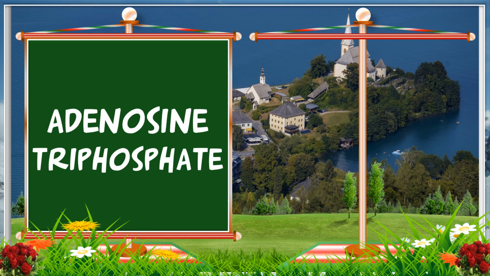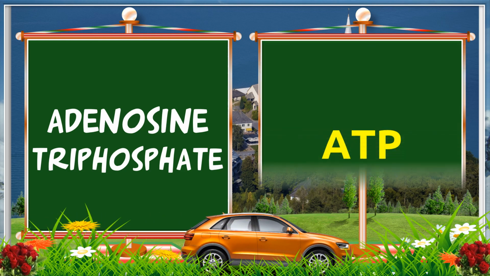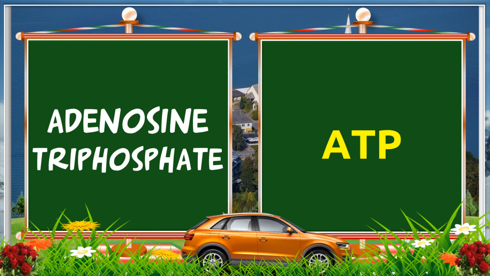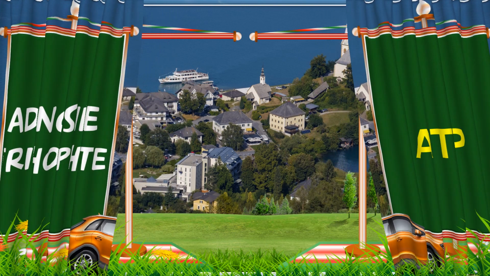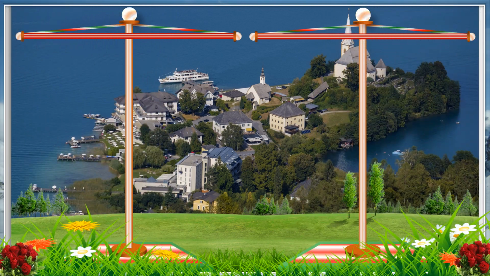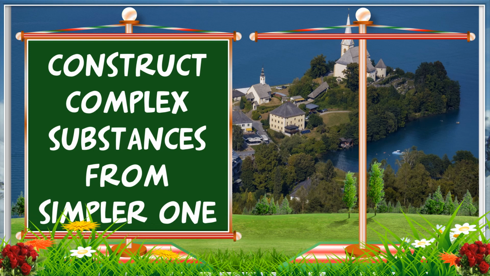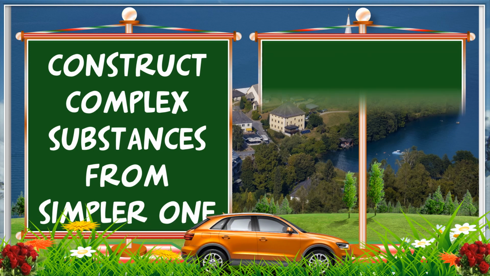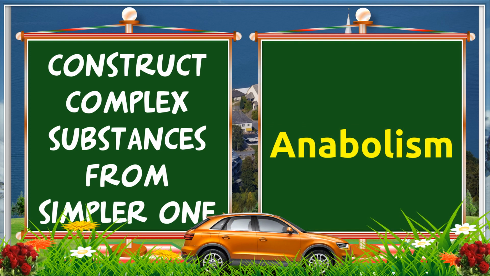Adenosine triphosphate. ATP. Construct complex substances from simpler ones. Anabolism.